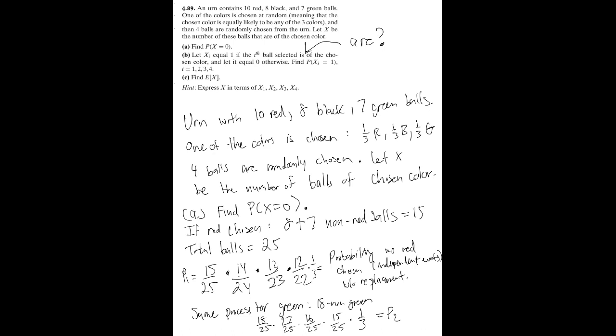So if the word is "selected is", that means it's just that position is of the chosen color. So it would only help if that word was R. Like if x equals 4, then it'd be the 1, 2, 3, 4 balls. I think the question is just treating i as a certain number, so it's for i equals 1, 2, 3, 4. So yeah, B is like 4 questions. It's the last question in the textbook, so I think that's why it has a typo.